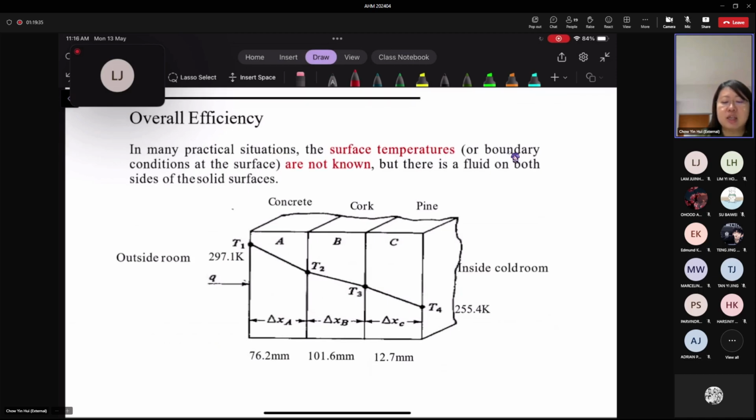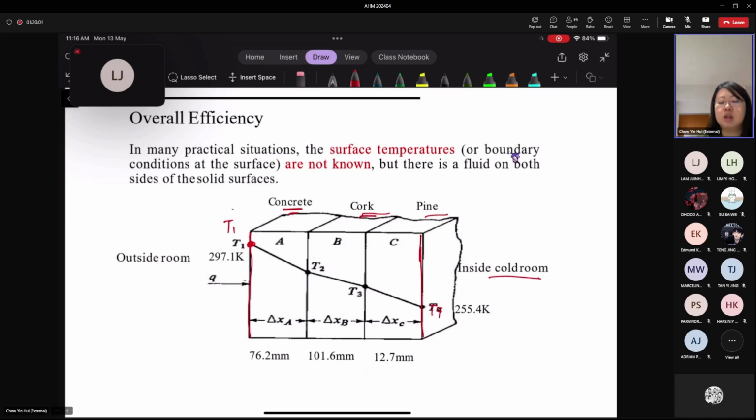Let's say a wall made of three different materials: the concrete, the cork, and the pine layer. During a warm day, the outer temperature is T1, while the inner surface is exposed to the room air inside the cold room, or if you have an aircon, at a lower temperature T4.